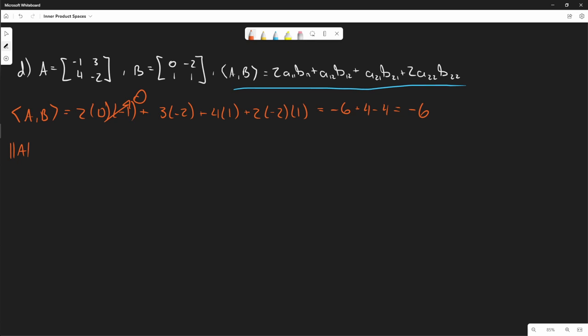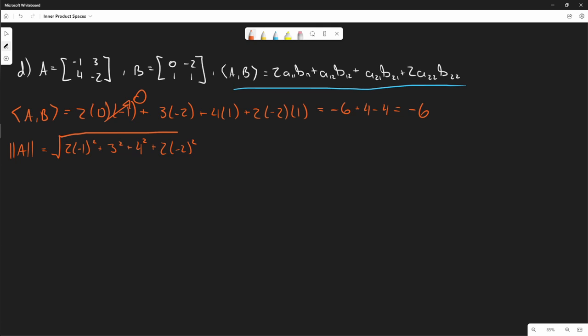The magnitude of A, it is the square root of itself. So it'll be 2 times negative 1 squared plus 3 squared plus 4 squared plus 2 times negative 2 squared.